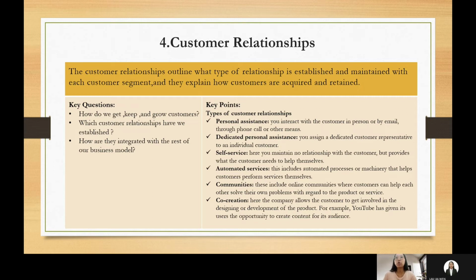For example, YouTube has given its users the opportunity to create content for its audience. And the question can be asked is, how do we get, keep, and grow customers, and which customer relationships have we established, and how are they integrated with the rest of our business model?